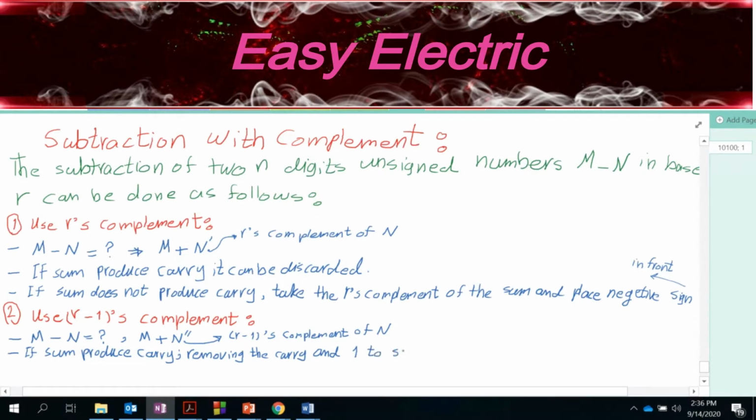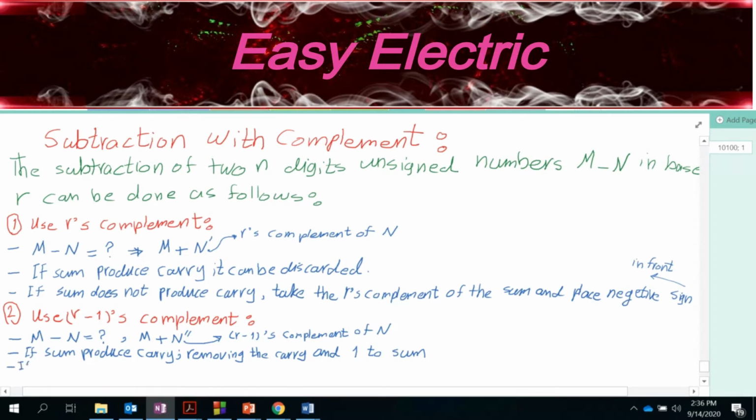What it means is, whatever you got, you just add that with 1, okay? That will give you m minus n. Again, we will have a couple of examples for them. For now, let's just finish this.